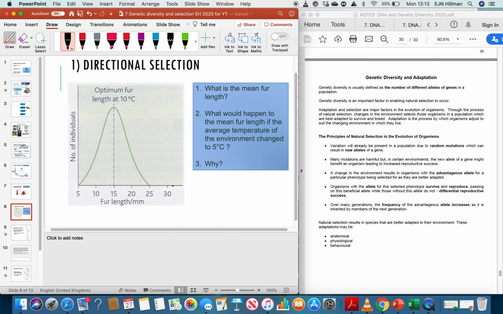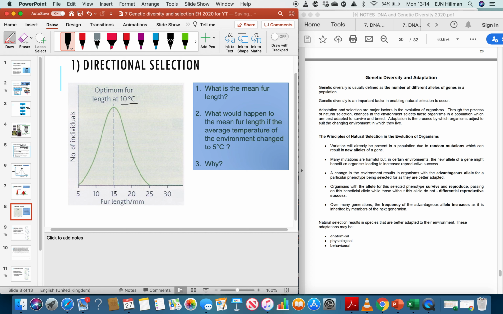And here is an example. So we've got some questions here. What is the mean fur length in this population? So we can see there is a population of animals. I can't quite remember what they are. That doesn't really matter. And they live in a habitat which has a temperature of 10 degrees Celsius.